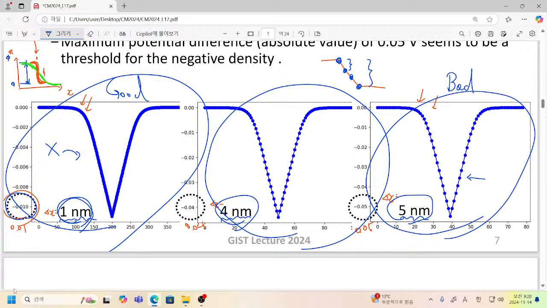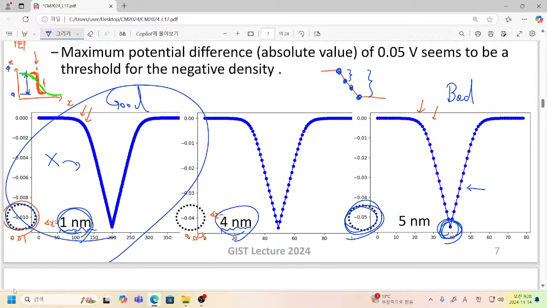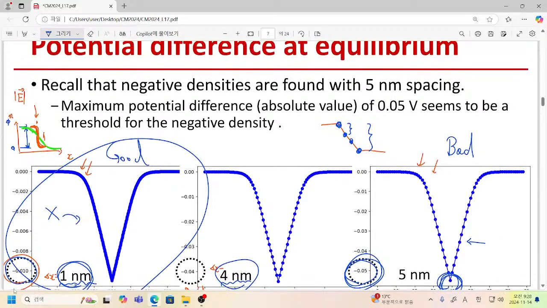Please have a look at this bad case. How does it look? The peak potential difference between two neighboring nodes is approximately 50 millivolt. So that is the criterion. Please let me read this statement.